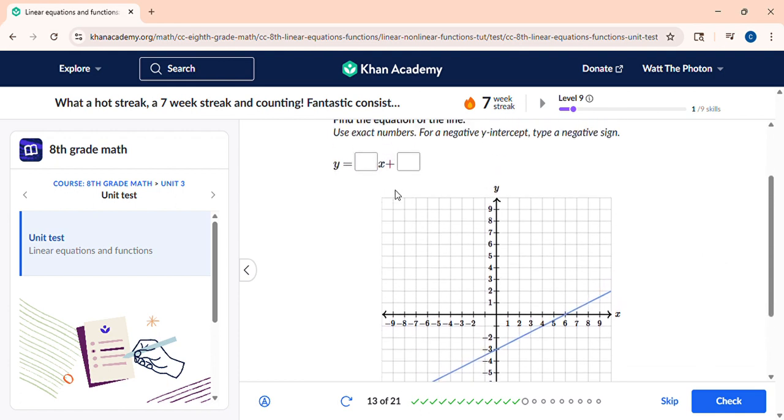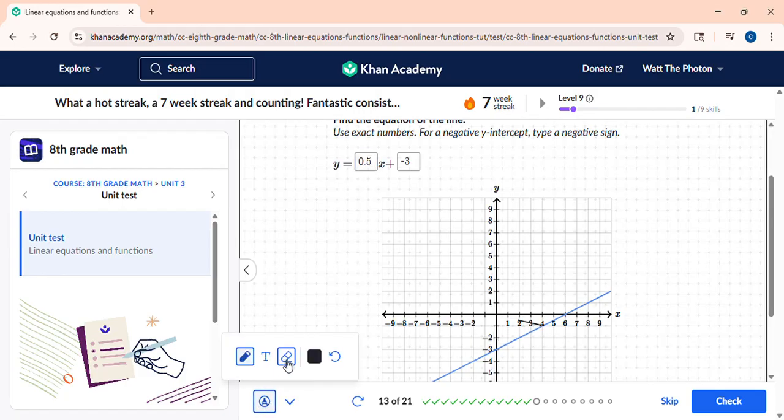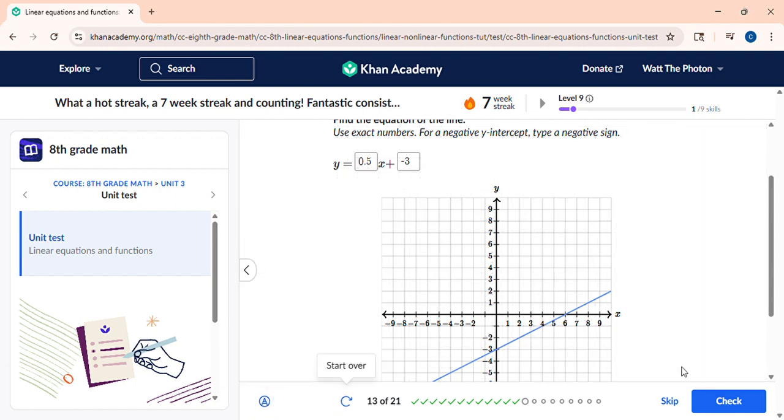So we have -3. X is equal to 1/2. 0.5? That seems right. So if we go over 2, we go up 1, over 2, up 1, over 2, up 1. So x has to increase by 2, 2 up 1, it starts at -3.